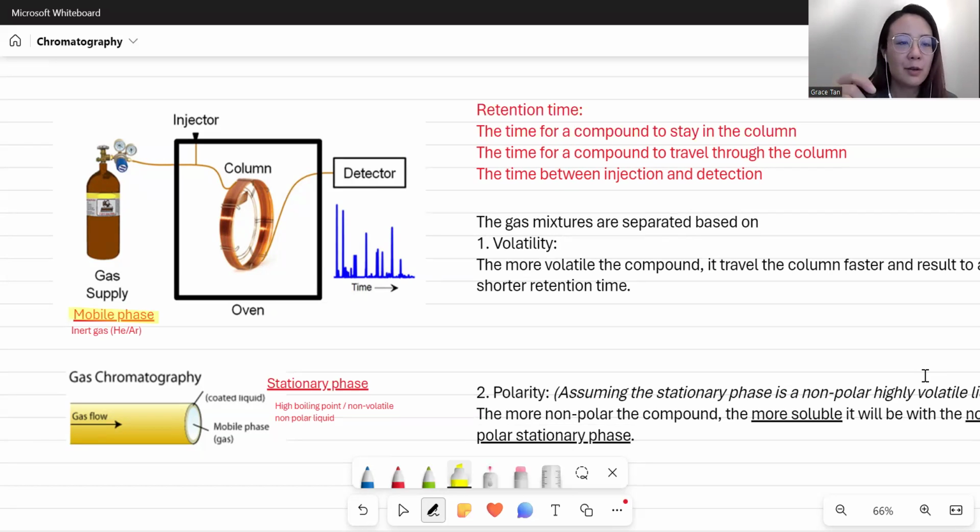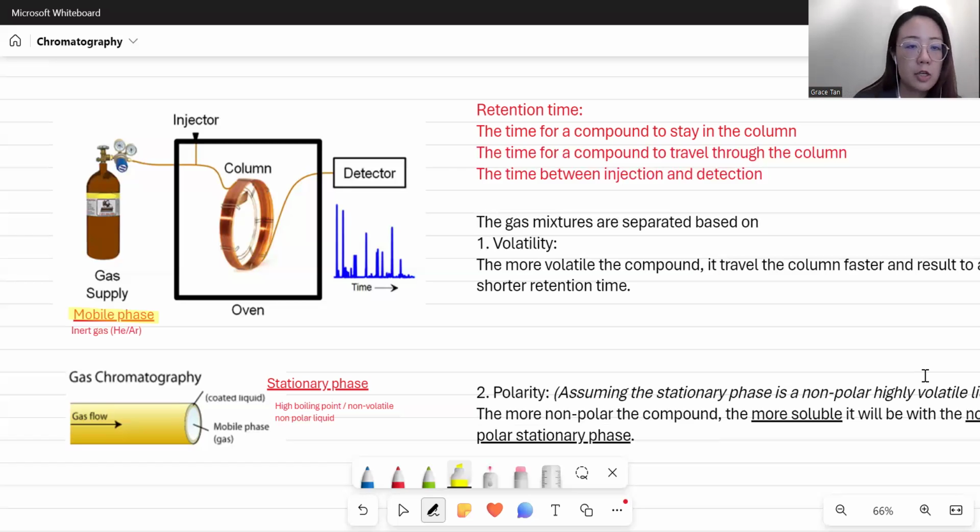Your mobile phase here is an inert gas that will not react with your sample. So you can just write mobile phase is any inert gas. For example, helium or argon, the noble gases. Just select inert, to prevent reacting with your sample.